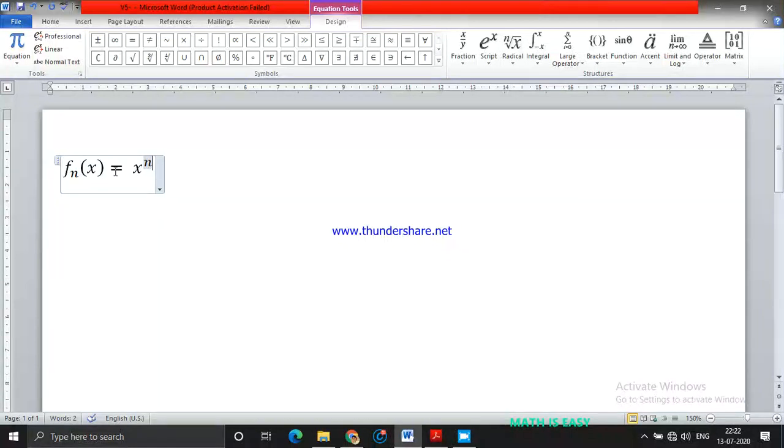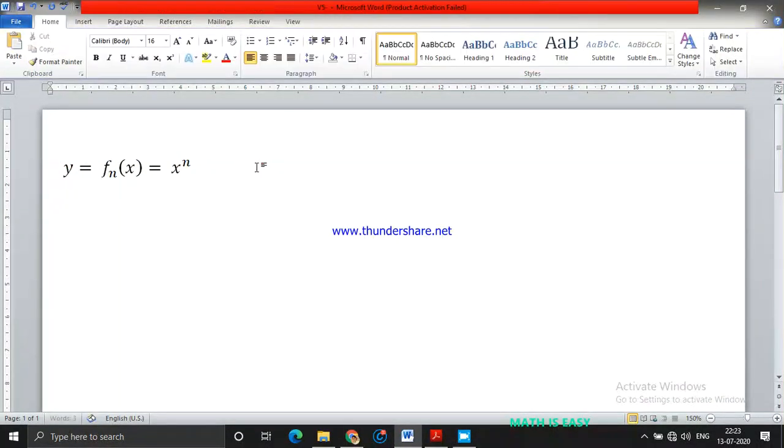That means if n is 1, then I'll get f1 of x equals x. If n is 2, then f2 of x is x square. If n is 3, f3 of x is x to the power of 3, and so on. As the n value increases, the y value also increases faster.